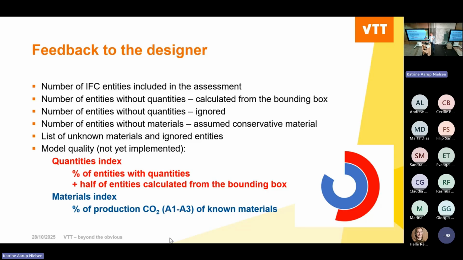Then there are also a number of entities without any quantity, so we don't know how much of certain items there are. This has to be handled some other way, like calculating from the bounding box. Sometimes in the calculations they could be ignored, or we make assumptions that they are probably a conservative material like concrete or steel.